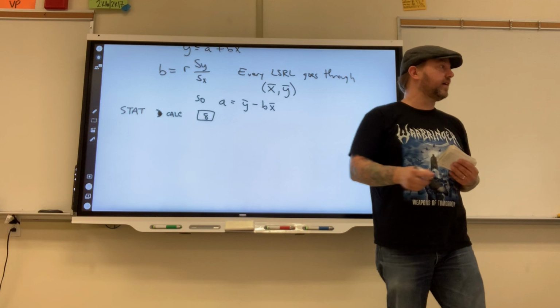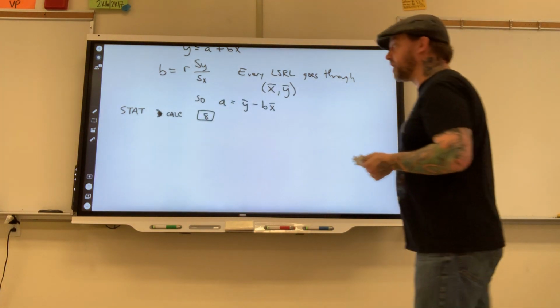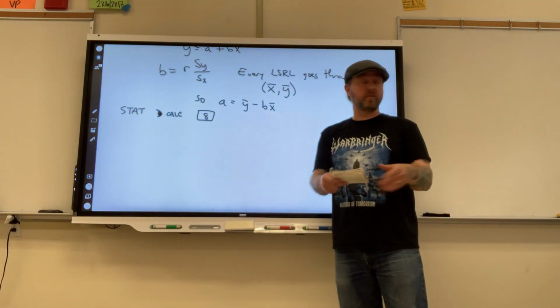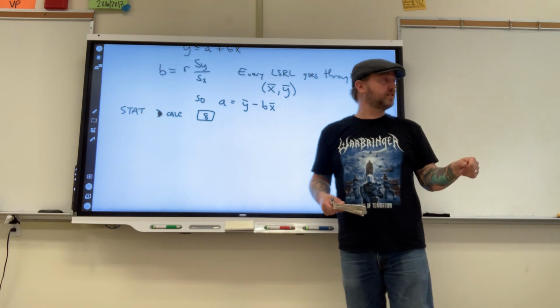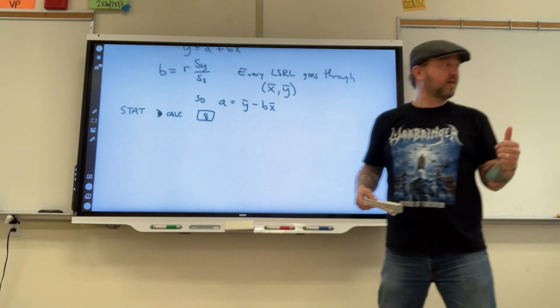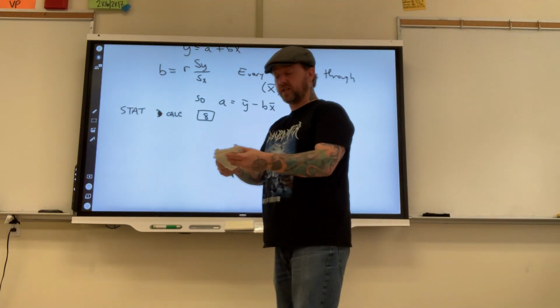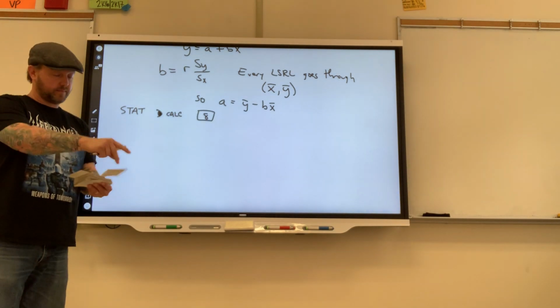Basically what R squared does is it gives you the percent of variation in Y explained by the least squares regression of Y on X. Okay? Everybody has that memorized? R squared is the percent of variation in Y explained by the least squares regression of Y on X.